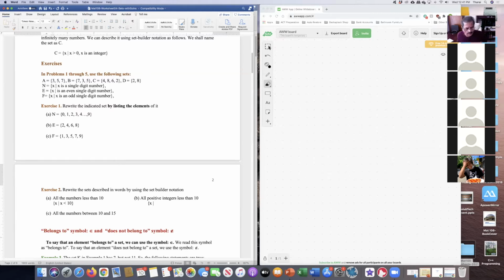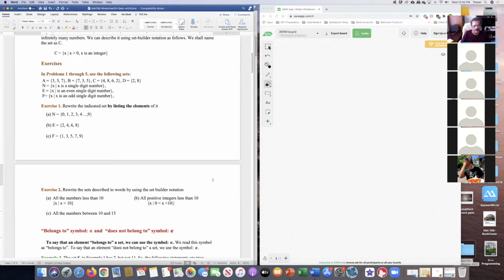So X has to be greater than 0 and less than 10 at the same time. That can be written this way: 0 less than X less than 10. This means X is greater than 0 and at the same time less than 10. X is between 0 and 10. That's exactly what the statement says.